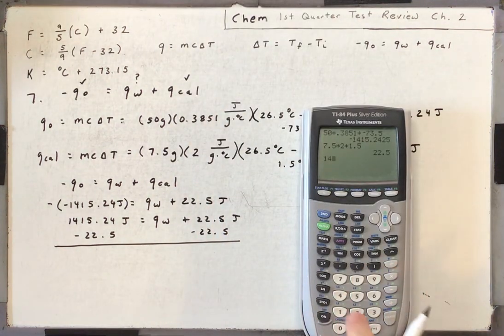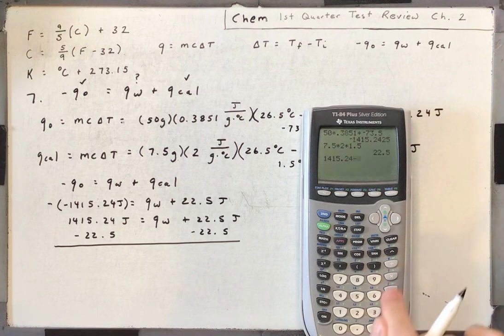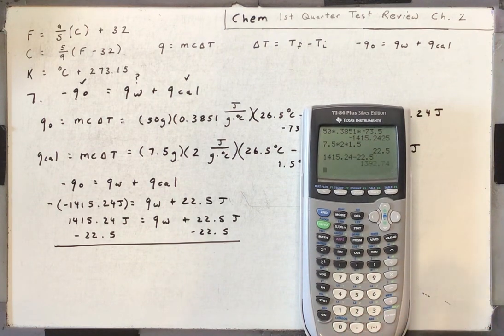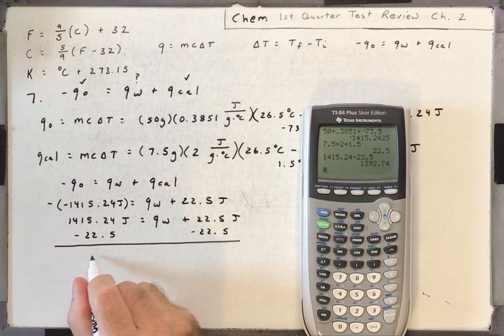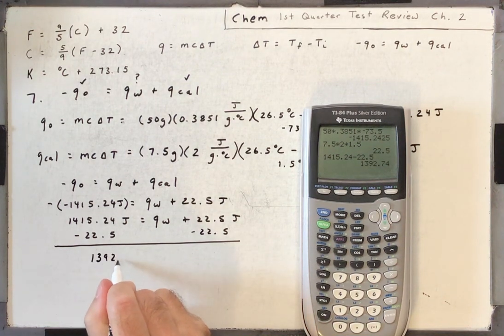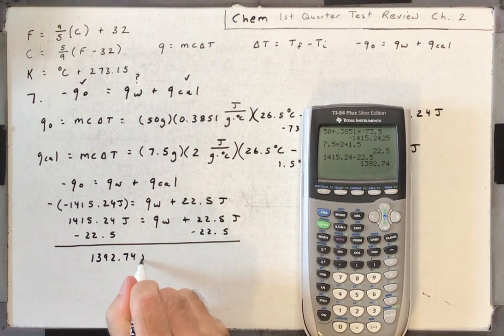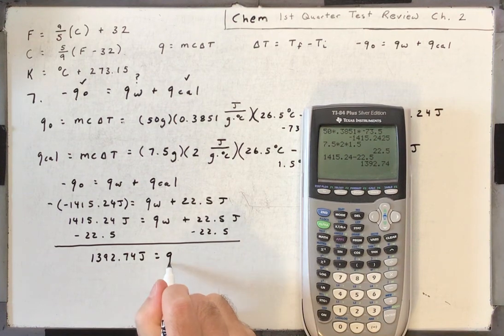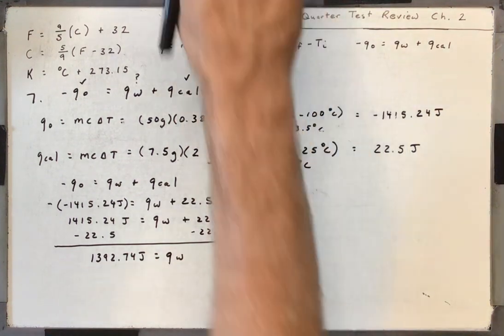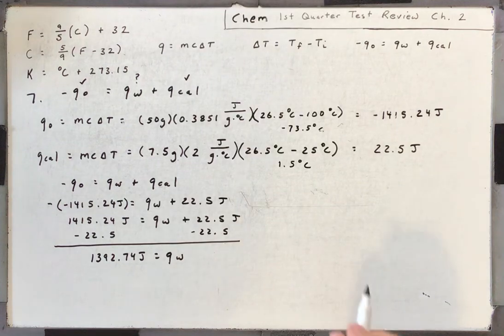All right, so 1415.24 minus 22.5 is 1392.74, which is equal to the Q of the water. Okay, so we're almost done.